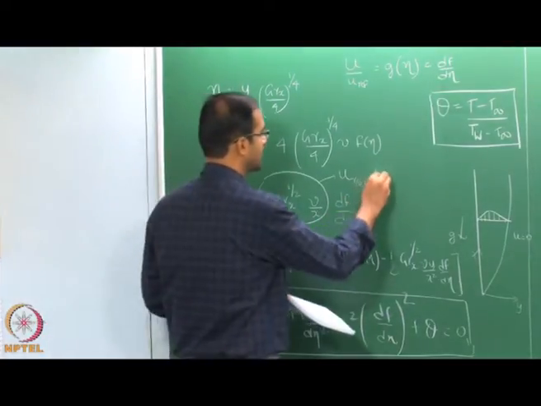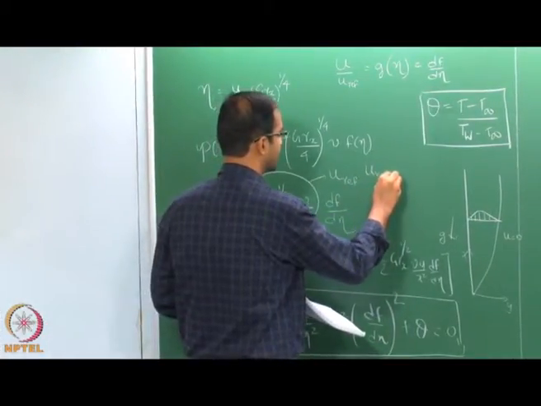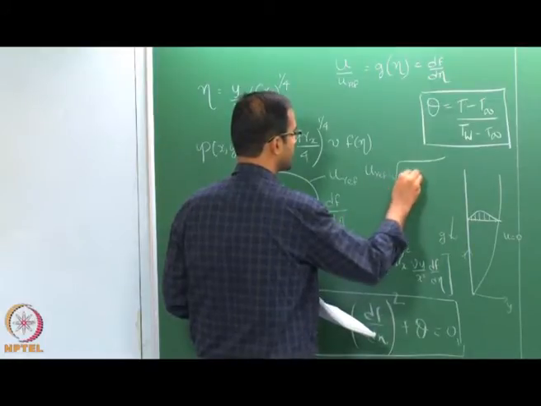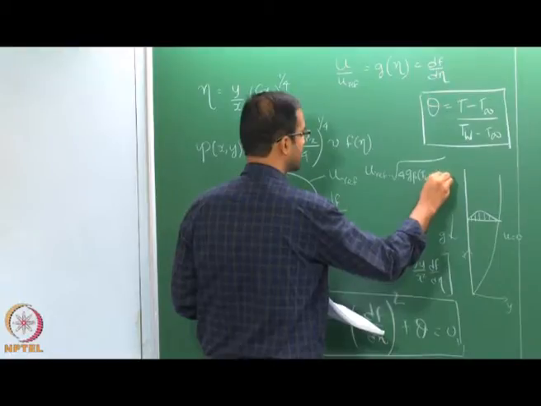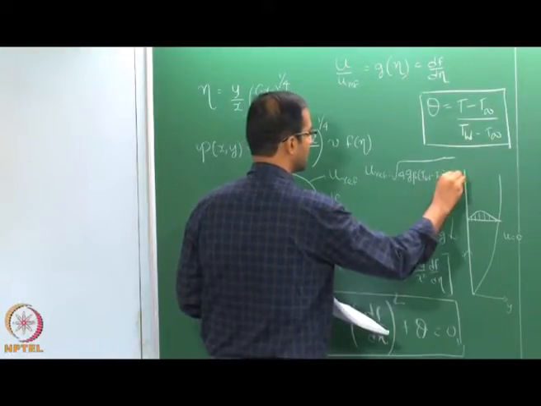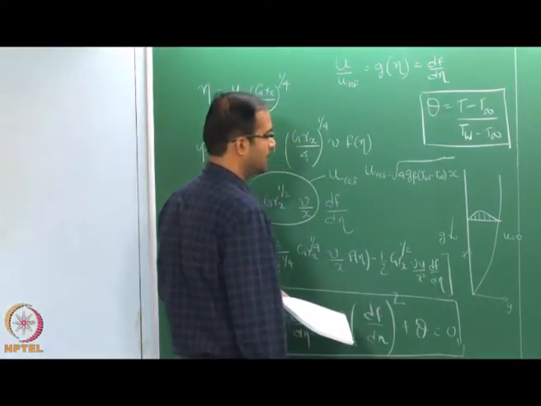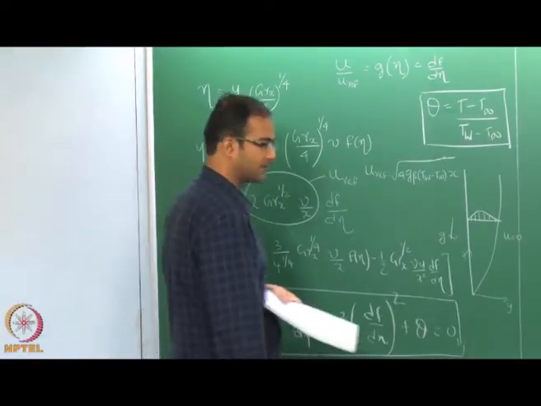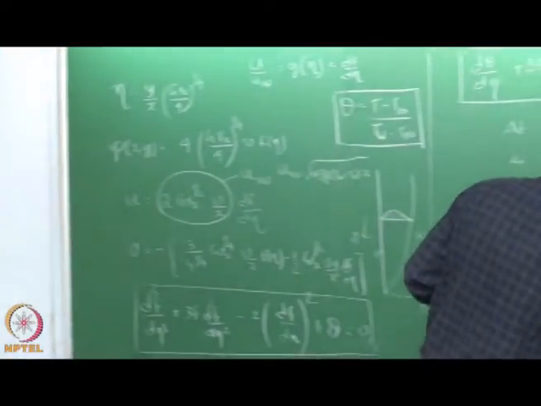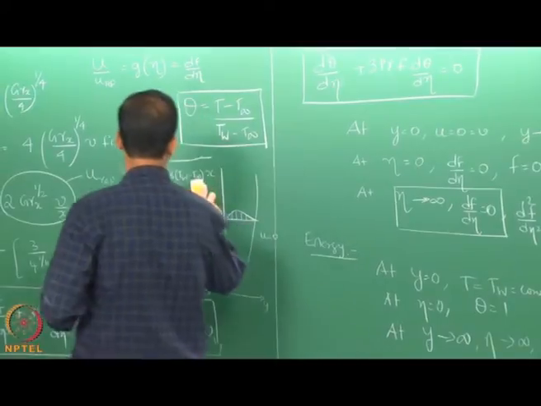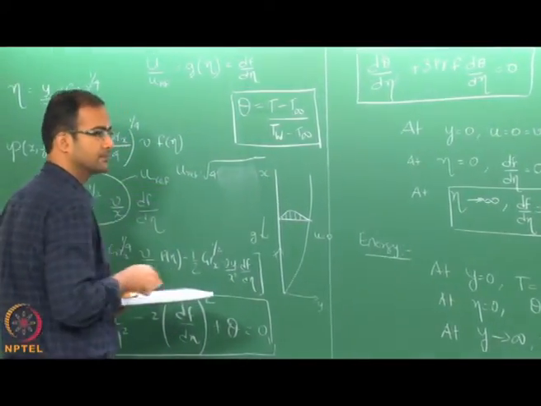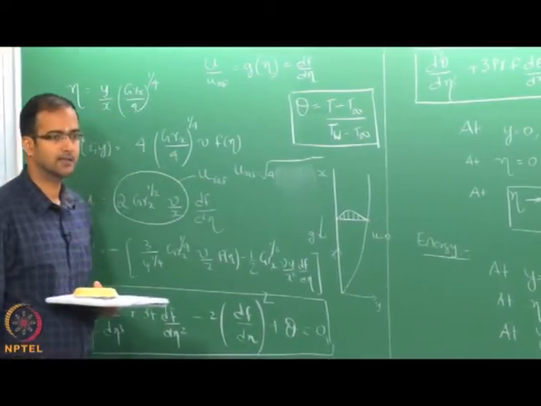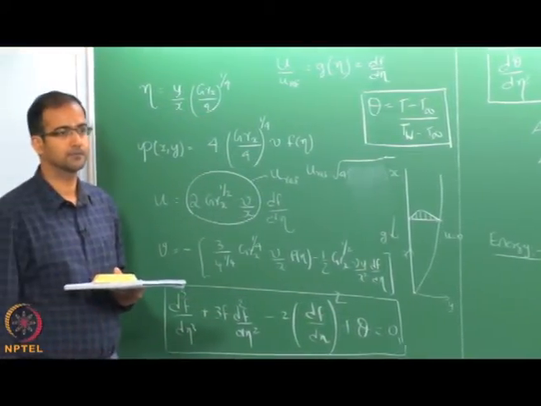Okay. So, our u reference definition is 4 times g beta into T wall minus T infinity into x. Okay. So, you can replace this with Grashof number. So, g beta into T wall minus T infinity is what? How do you rewrite this in terms of Grashof number?